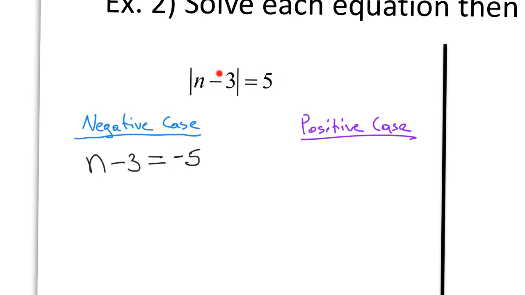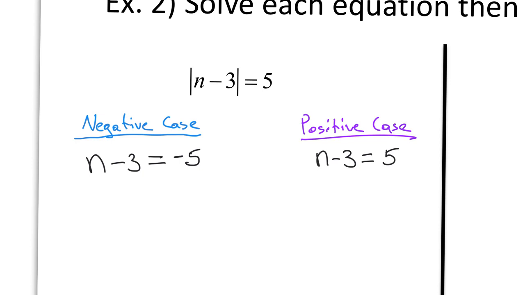So this number can go inside of the absolute value. But we also have another option, a positive case. To set up your positive case, you take what's inside of the absolute value, copy it down, and equal that to a +5. So this number inside of the absolute value can be +5, and then it's going to give you an answer of +5. So those are my two cases, a negative case and a positive case.